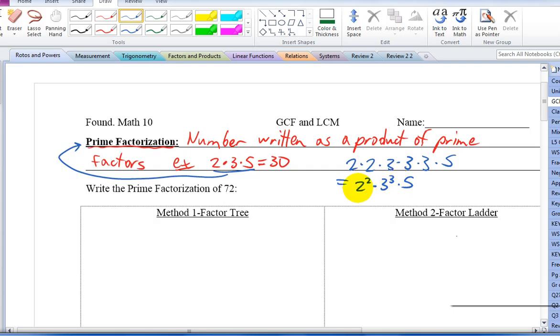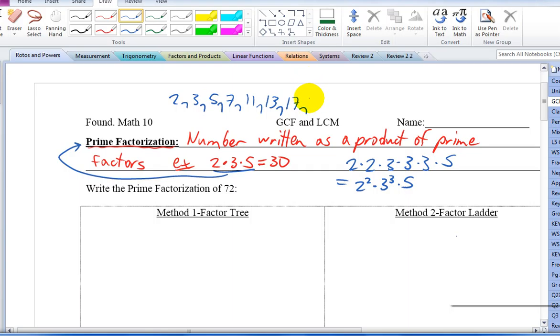Is 2 a prime number? Yes. Is 3 a prime number? Yes. 5? Yes. What's after that? 2, 3, 5, 7. Starts getting harder now. 11, 13, then what? 17.